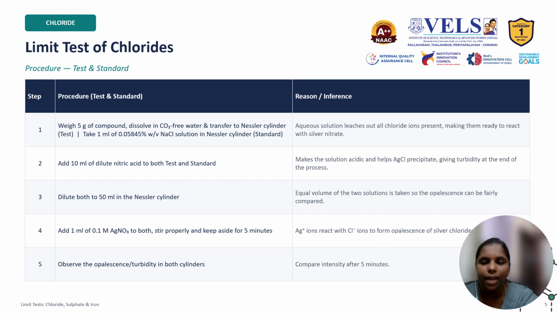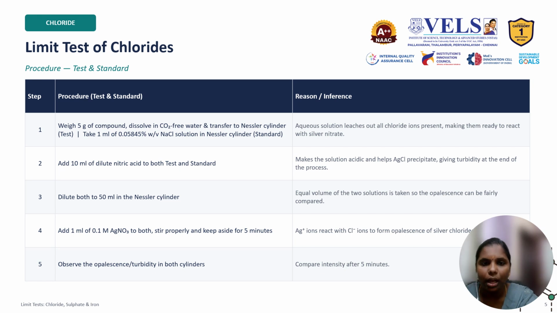Now let us understand the procedure step by step. First, dissolve the sample in water and transfer it into a Nessler cylinder. Second step is to add dilute nitric acid to both the Nessler cylinders, that is test as well as standard solution.